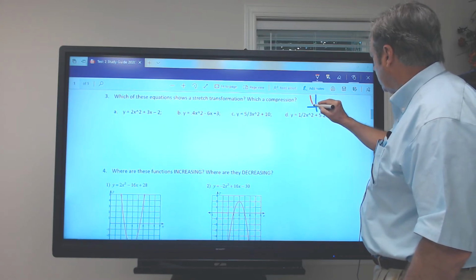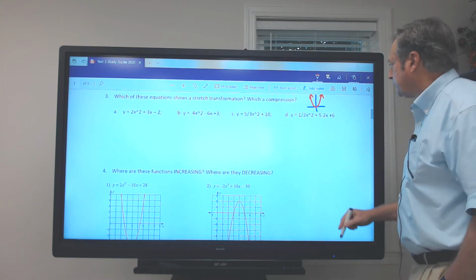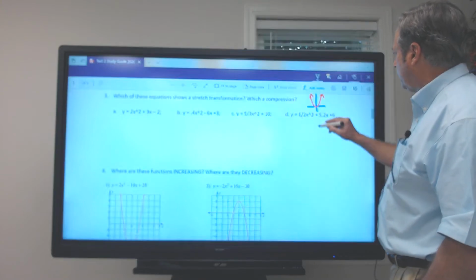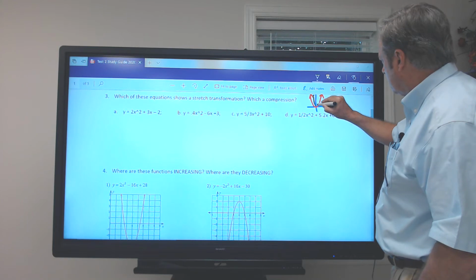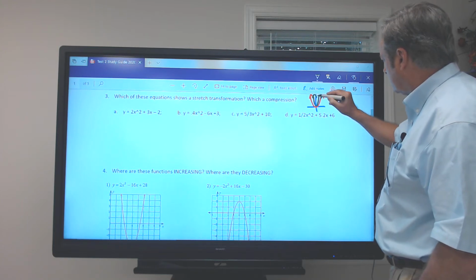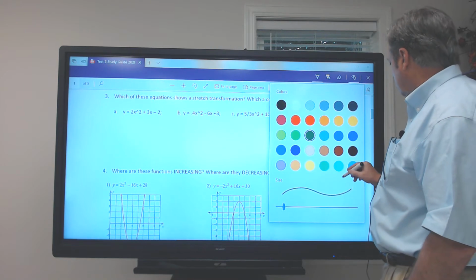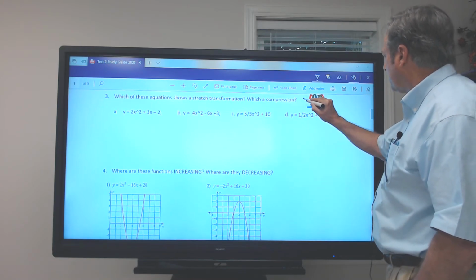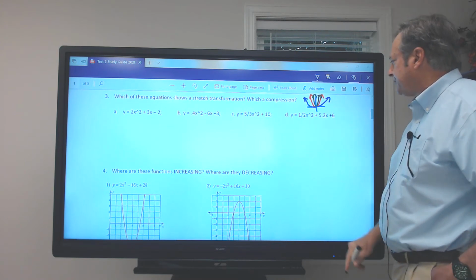All right, so if that's the parent function, then a stretch will get skinny. That's a stretch, it gets skinny. And I don't know, let's pick purple. A compression makes it wide, flatter.